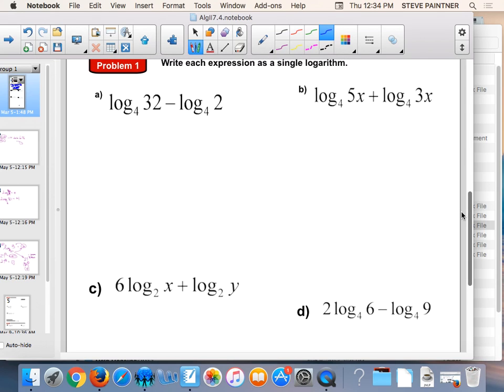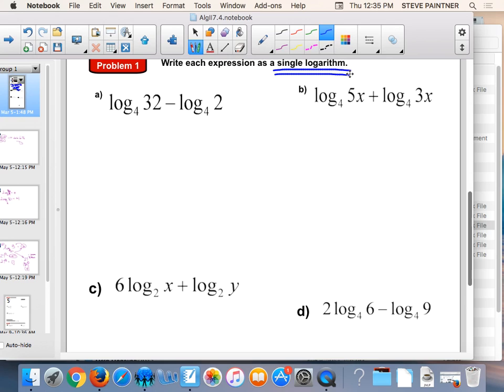Okay, here's the wording they're looking for. This is what it's going to say in your assignment. Take these problems, write each expression as a single log. A single log means just one log. So here's what I have. I have 2 logs. Log, subtract, log. Subtraction of 2 logs goes back to division of 1 log.